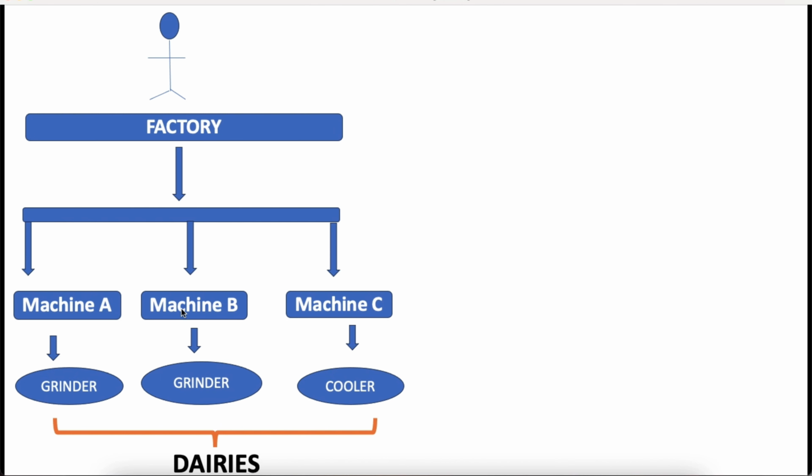So on SAP, for most of the spare parts that these machines will be using, we call them the bill of materials, which are the BOM, and they are often attached to the functional location.